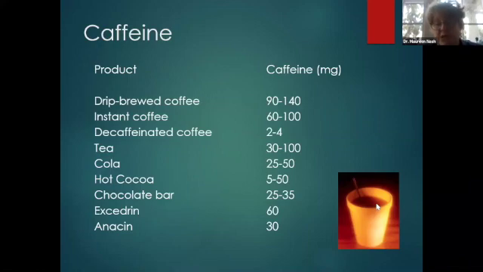And what you'll see is that drip brewed coffee, instant coffee, and tea were certainly the big offenders there. And there are things that you can substitute. Substituting hot cocoa is one way for people as they're trying to taper themselves off of caffeine.